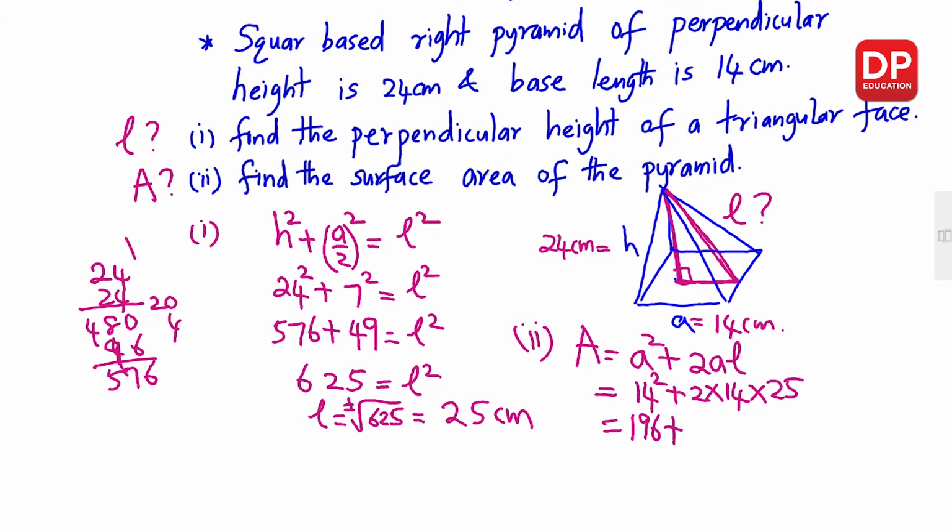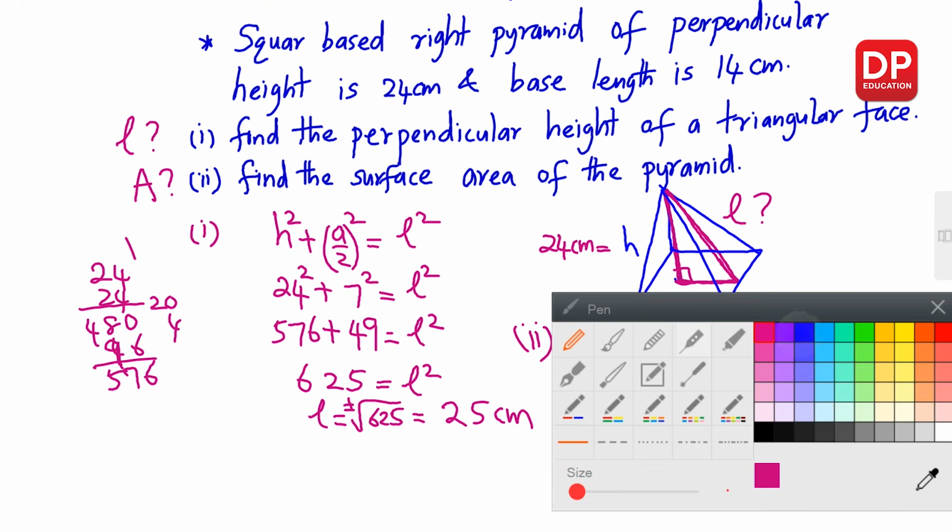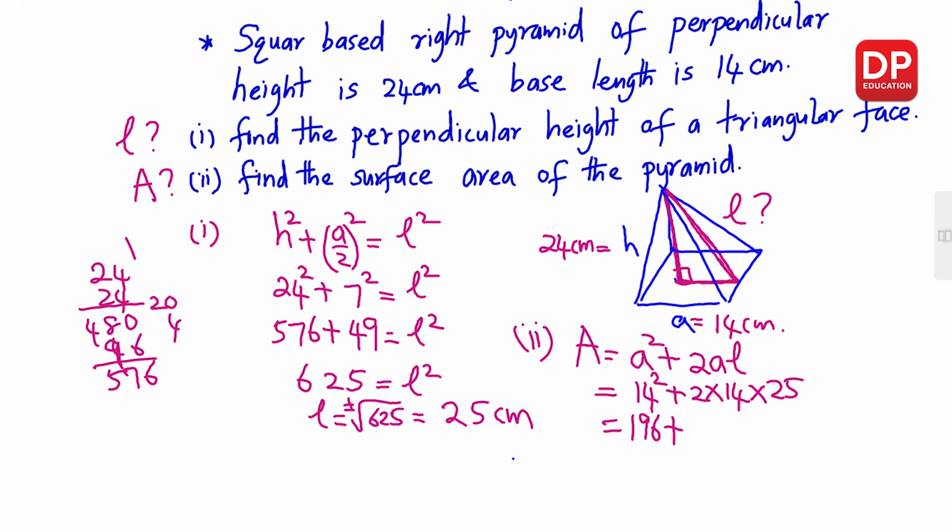How can we find this one? Here I want to split 14 to 2 times 7. Here 2 times 7 times 25. Why I did that? 2 times 2 is 4. 4 times 25 is 100. 100 times 7, 700.